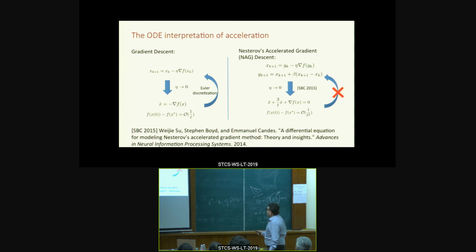And Nesterov has a proof that this gives you 1 over t squared. But the proof is very convoluted and doesn't provide a link between this and the continuous intuition. Yes, absolutely, absolutely. That's exactly the point. Any other questions?